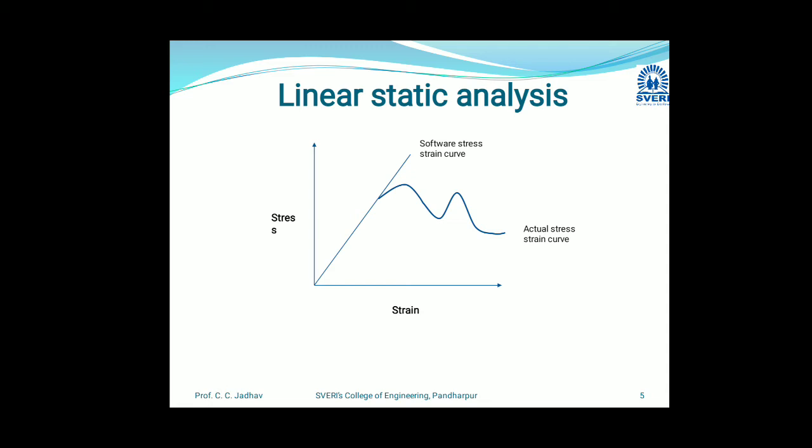In real life, after crossing the yield point, the material follows a non-linear curve, that is our actual stress-strain curve. Now you can see after the yield point the material follows the non-linear curve, but the software follows the same straight line. So this is the basic difference: the software follows the straight line, but in actual the material follows the non-linear curve after the yield point.